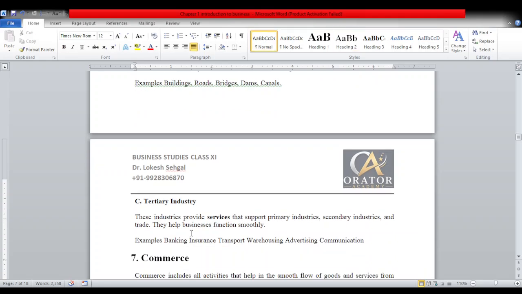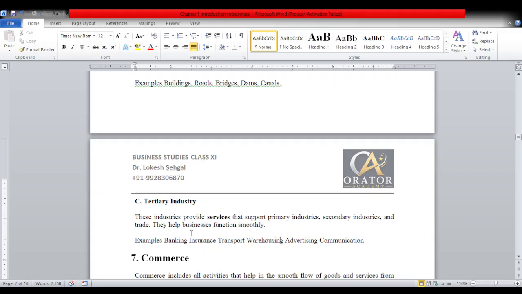Now we are focusing on tertiary industry. This is the third aspect of industries. These industries provide services that support primary industries, secondary industries, and trade. They help business function smoothly. Basically, they are providing services.